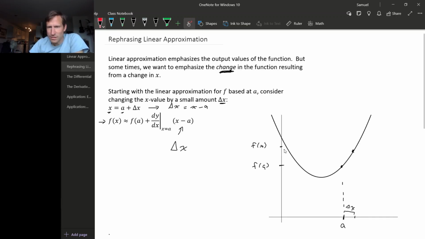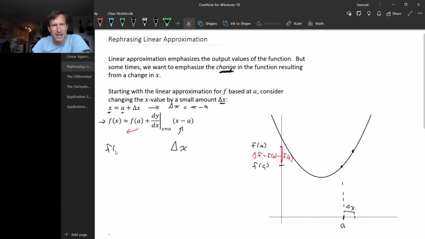So the change in the function is just the difference between these two. So that would be delta f, which is f of x minus f of a. And we can make that show up by just subtracting f of a from both sides. That's going to move this f of a to the other side.